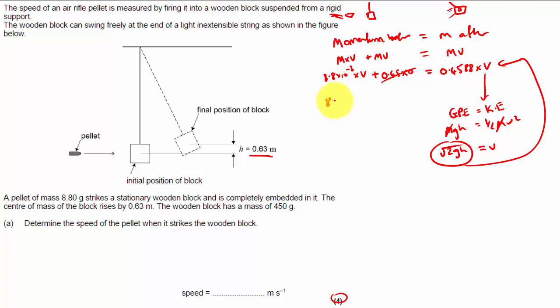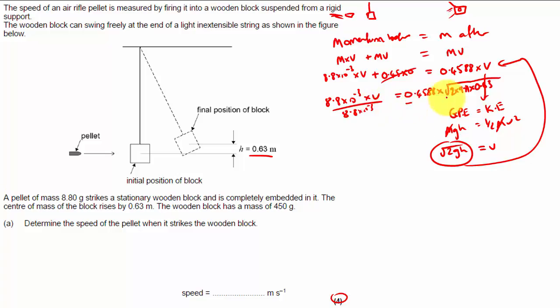So I've just got 8.8 times 10 to the minus 3 times the v I'm looking for equals 0.4588 times root 2gh, which is going to be 2 times 9.81, gravity on Earth, times the height that this block raised, which is 0.63. A little bit messy, you can't quite see there, but that's what I've written. Okay, now dividing both sides by 8.8 times 10 to the minus 3.